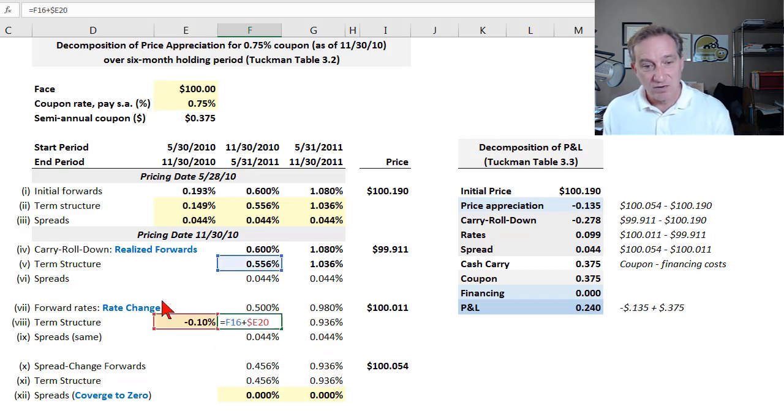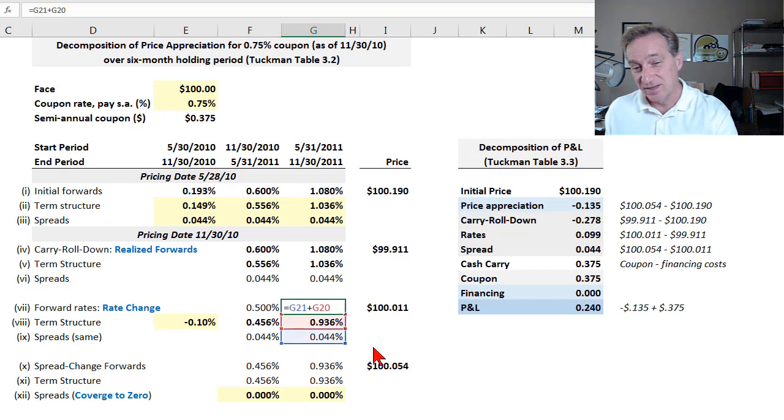Notice this component builds off of this one because we're going to accumulate here. It subtracts 10 basis points, right? So 55.6 becomes 45.6. 103.6 becomes 93.6. Our spreads are unchanged. And then the summation here is a 6-month spot rate and a 6-month forward rate.